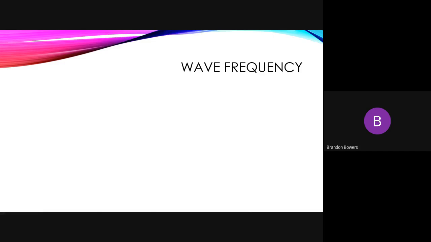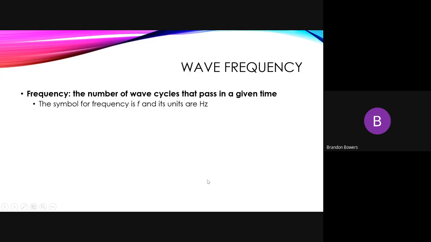Good to go? All right, so we know period, frequency, going over these terms. Like I said, today we're getting a lot of background information. Frequency is the number of wave cycles that pass in a given time. What's the difference between frequency and period?